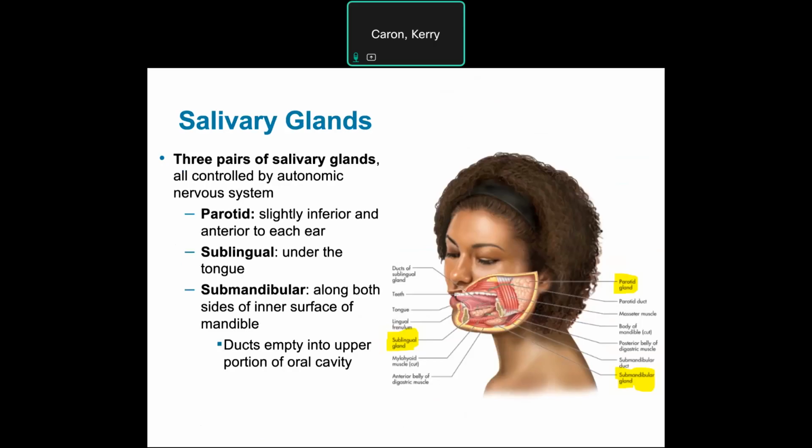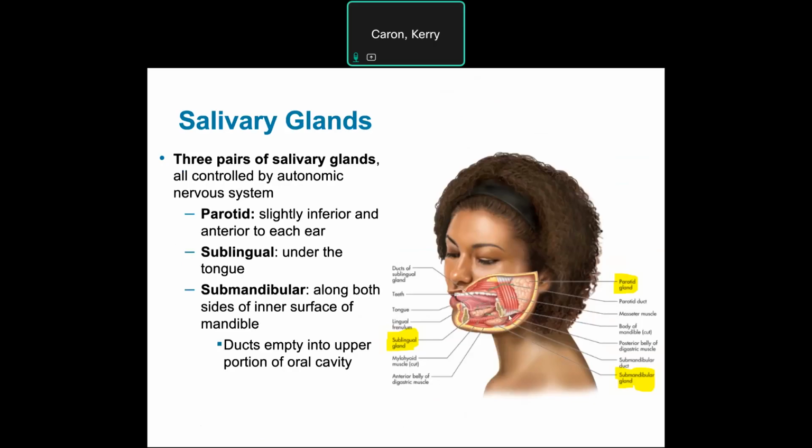But before we get to the pharynx, let's talk about some salivary glands. We have 3 pairs of salivary glands controlled by the autonomic nervous system. We have the parotid gland, which is slightly inferior and anterior to the ear. So it's right in front of and a little lower than the ear.